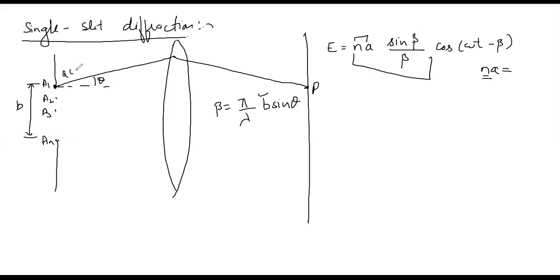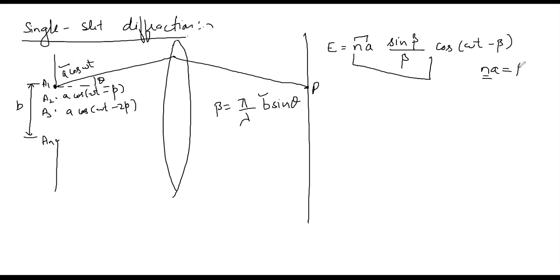A1 से आपका A cos omega t हो रहा था, A2 से A cos omega t minus some phase constant जो हमने define किया था as phi. A3 से it was A cos omega t minus 2 phi and so on. So this A is the amplitude of the disturbances which were starting from each one of the points, which is constant. N was the number of points that you have defined.